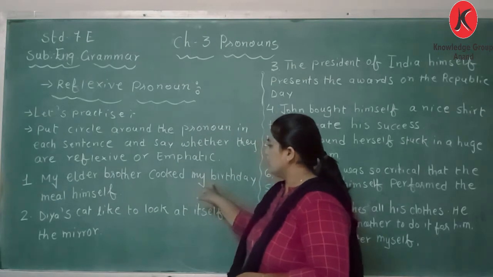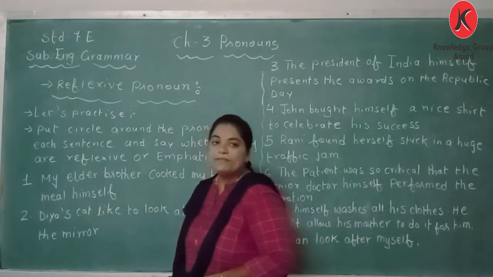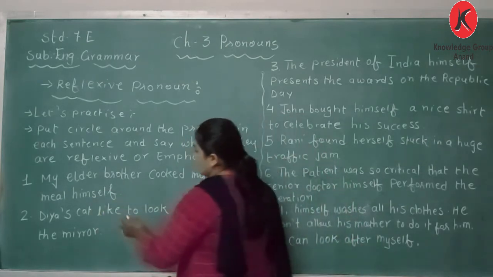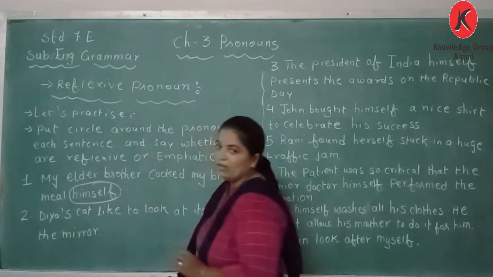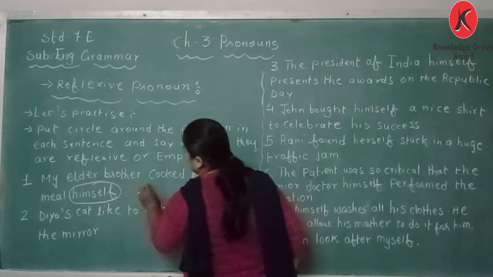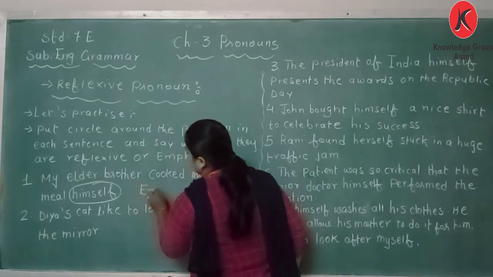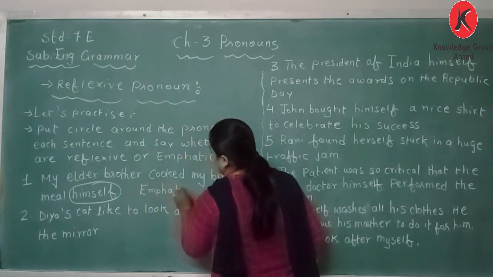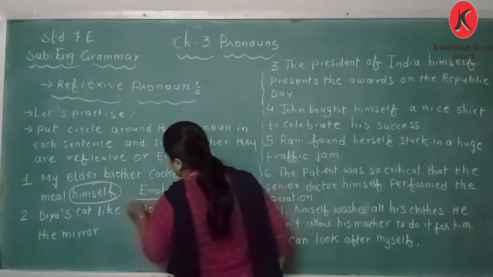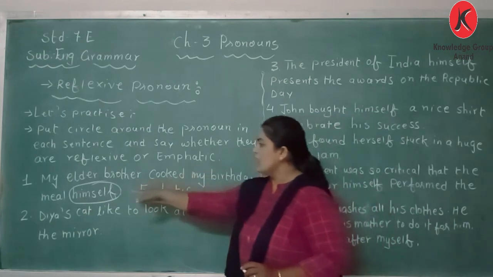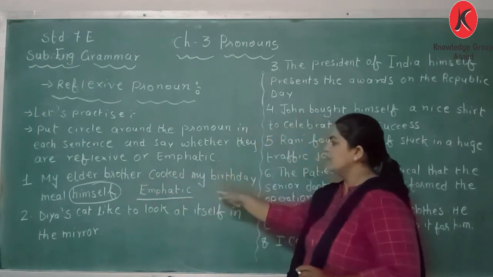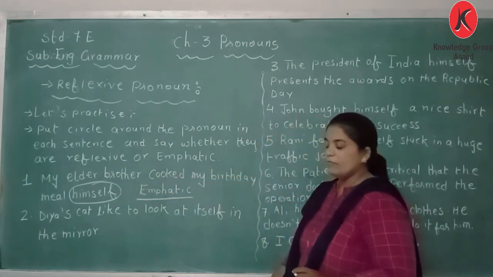Who cooked the food? My brother himself. So we have to circle the emphatic pronoun here, and write emphatic pronoun, which emphasizes the subject. My brother himself cooked food on my birthday.